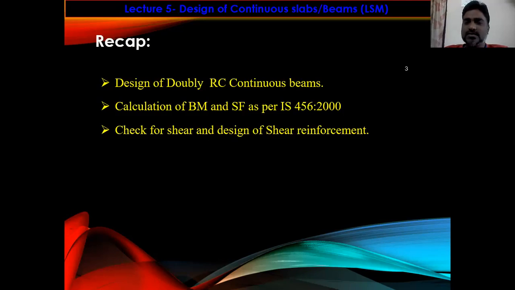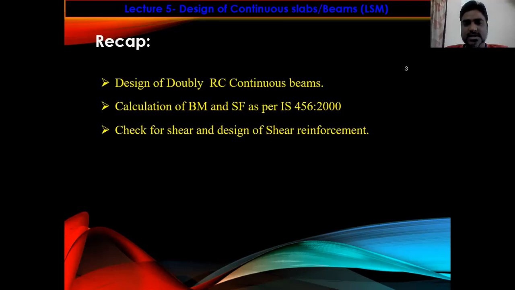And in that we have checked for shear design. We have designed shear also, and we have checked for stiffness, right? So last class, especially, we designed a doubly reinforced beam. We have seen how to determine the different bending moments in different cases. And the main thing we were seeing was how to check or how to design whether it is a doubly reinforced beam or singly reinforced, right?